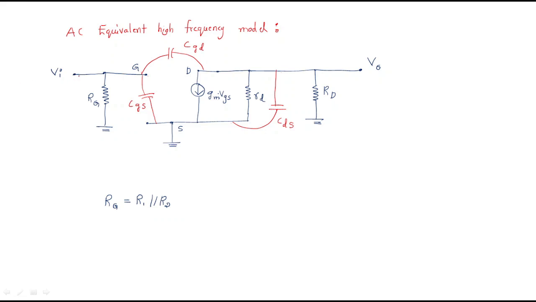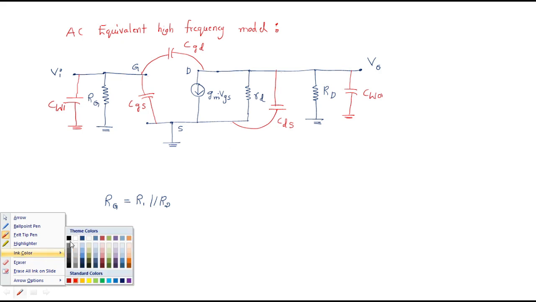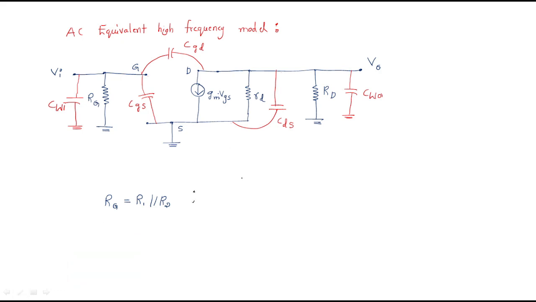So on the input side we have some wiring capacitance, CWI, and the output also has wiring capacitance, CW0. CWI is the input wiring capacitance and CW0 is the output wiring capacitance.